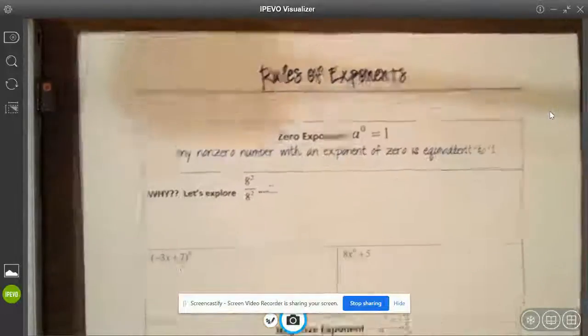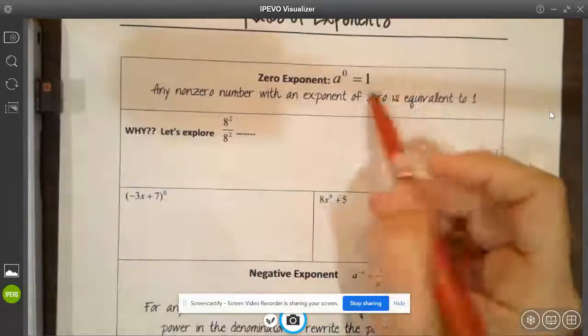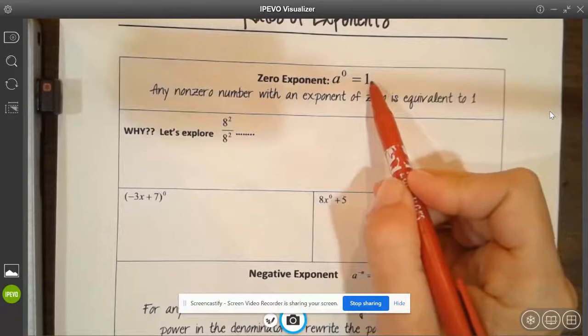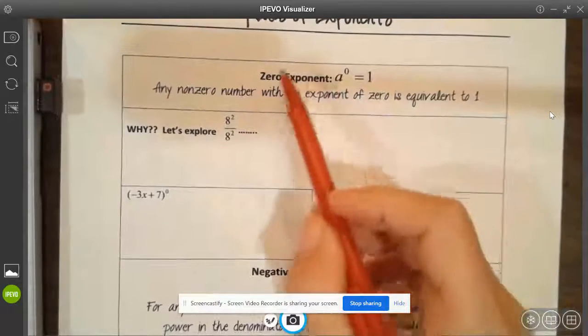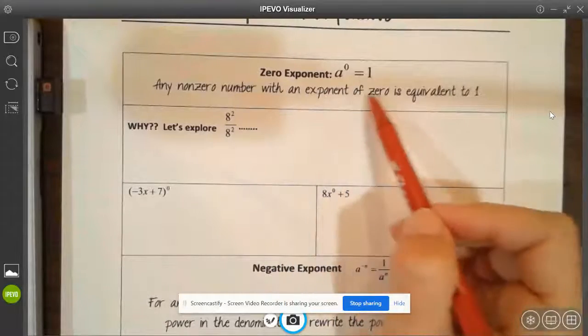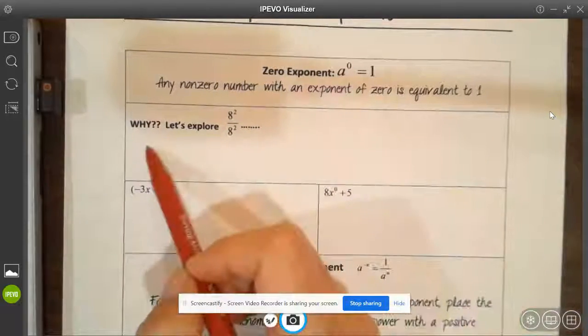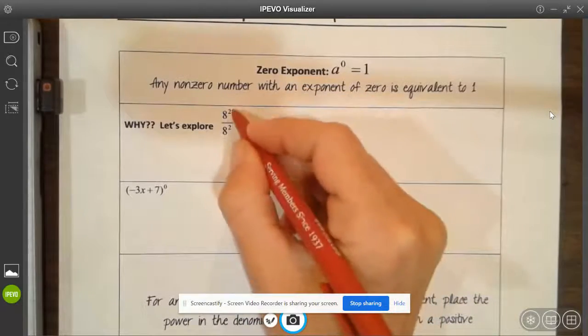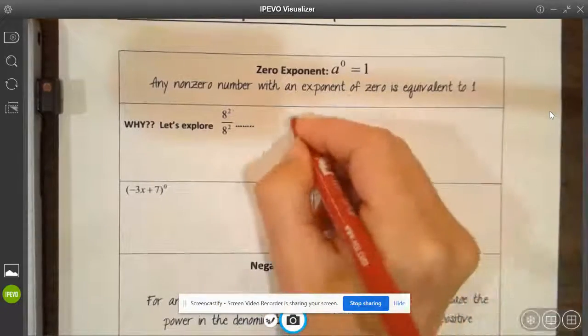All right. Then it says here, a power of anything with a 0 exponent is 1. Anything. 1,000 to the power of 0 is 1. Any non-zero number with an exponent of 0 is equivalent to 1. Why? Well, let's see. That's a whole, right? That's a whole, so that's 1.